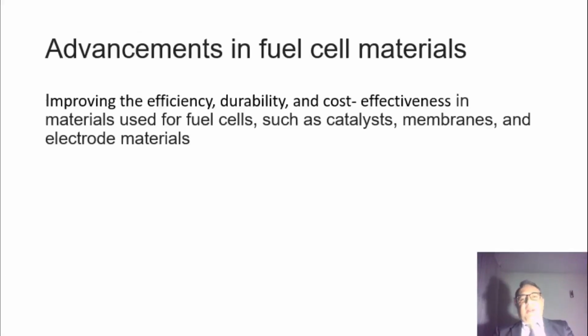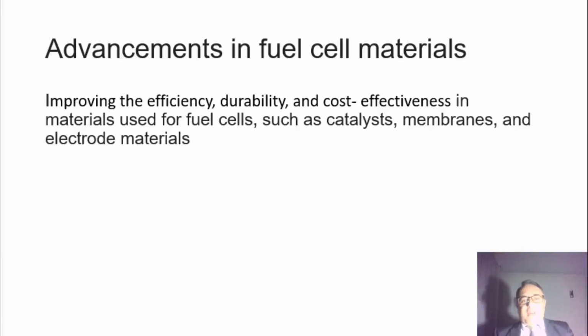Advancements in fuel cell materials. Guys, it's very important to choose the materials, and you know that I did my bachelor's, master's, and PhD in materials engineering. So from that background, I can recommend something.